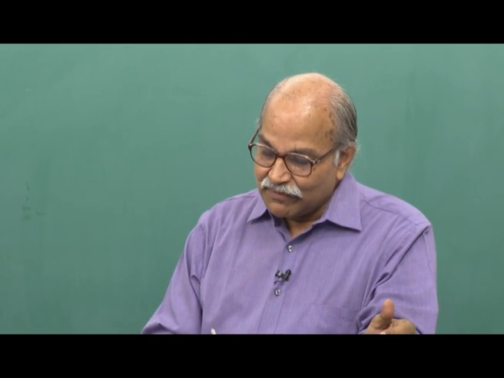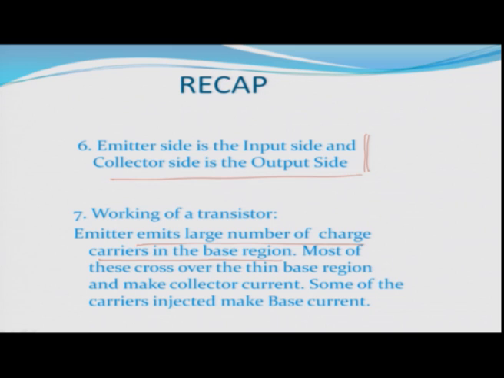So, this emitter emits a large number of charge carriers into the base region, majority charge carriers from the emitter, and when they go into that base region, there they are minority charge carriers. And since the base region is very thin, most of these carriers cross over and go into the collector.